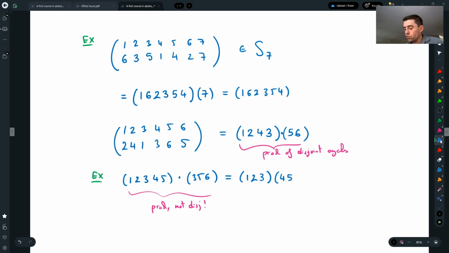Great. So where does 5 go? Let's see. 5 goes to 6, and 6 stays put, so 5 goes to 6. Now where does 6 go? 6 goes to 3, and 3 goes to 4, so 6 goes to 4, and that closes this cycle. And now I have where every number goes, 1 through 6. So this was a product of non-disjoint cycles. Now I have written it as a product of disjoint cycles.